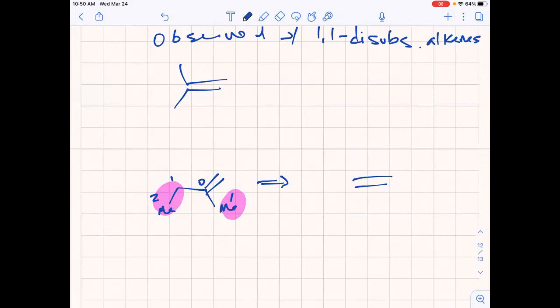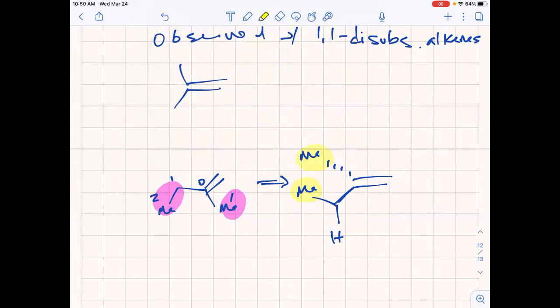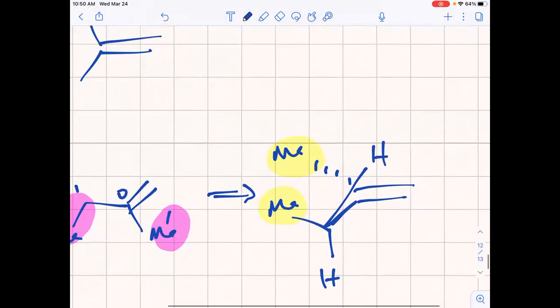You can have this conformation where you have methyl here, and then the methyl group here. Obviously, you can see right away that there's going to be some steric interaction between these two groups. That is an example of your A12 interaction.